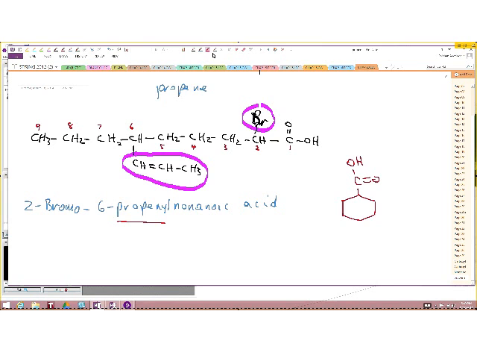So this becomes cyclohexane, because this ring is cyclohexane, carboxylic, one word, carboxylic, and then the acid is separate. Cyclohexane carboxylic acid.